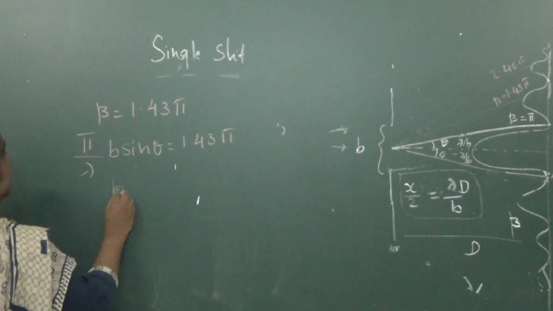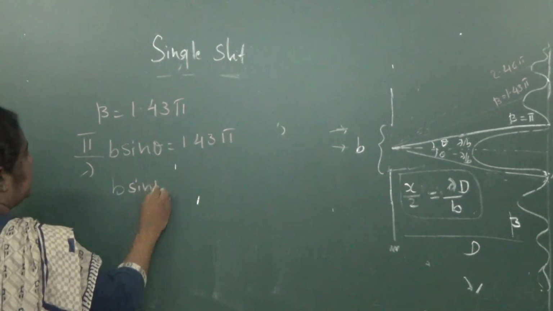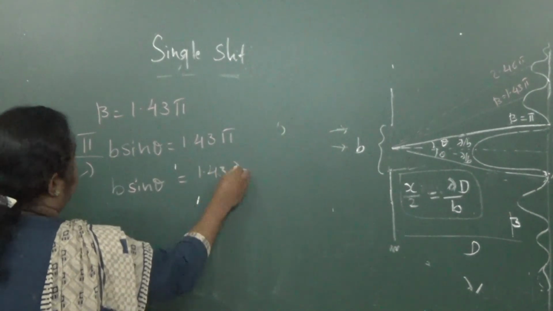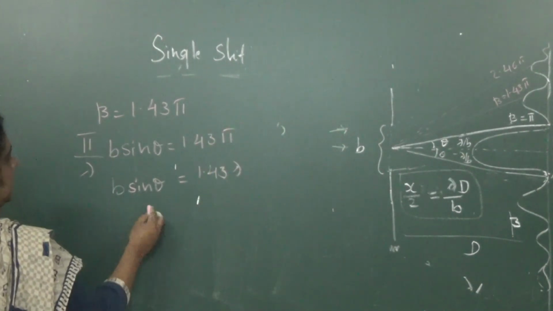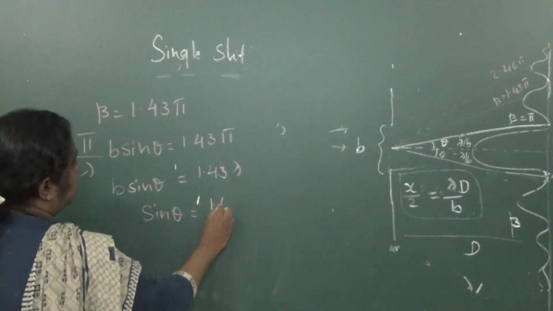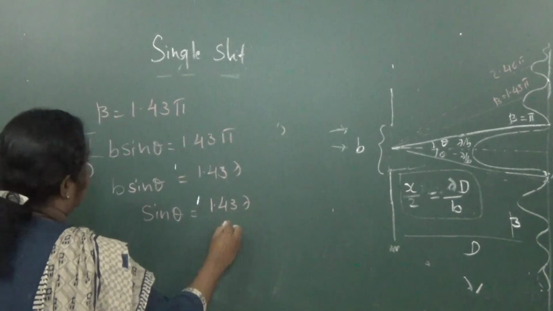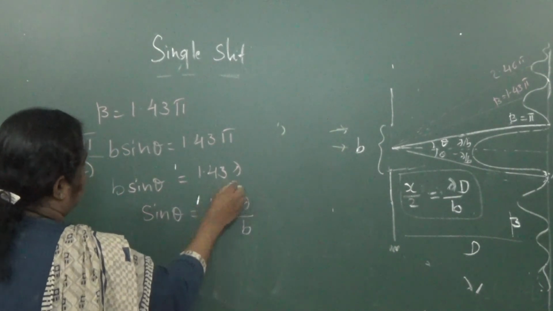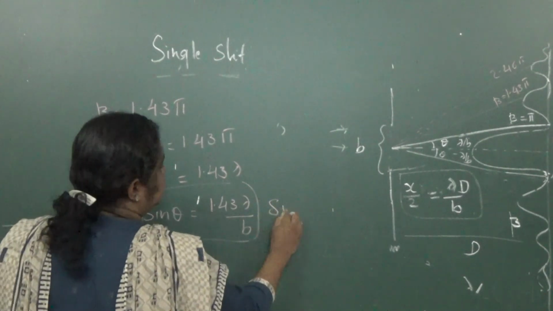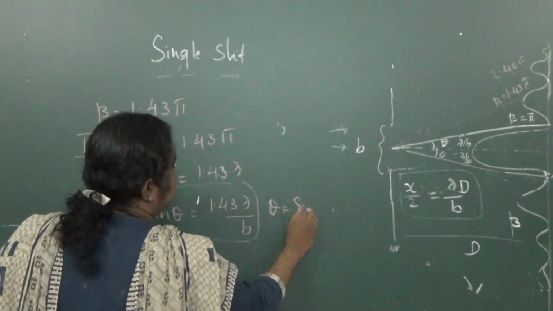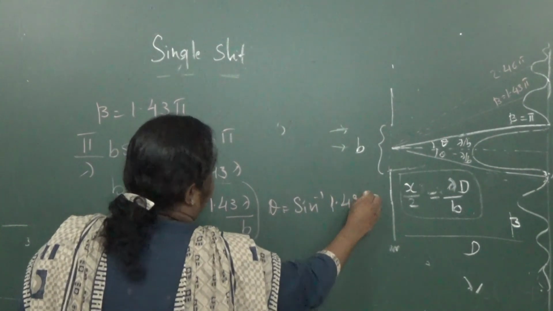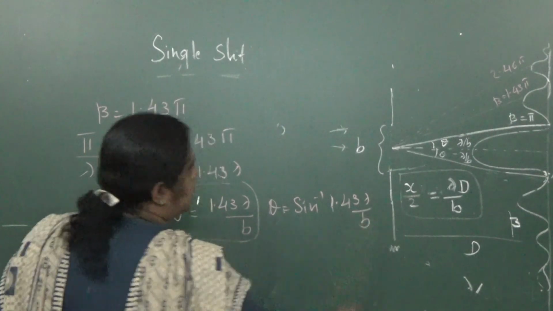That means b sin theta is equal to 1.43 lambda. That is, sin theta is equal to 1.43 lambda by b. That theta is equal to sin inverse of 1.43 lambda by b. Okay.